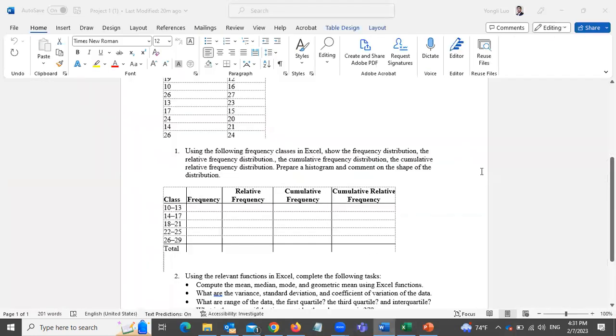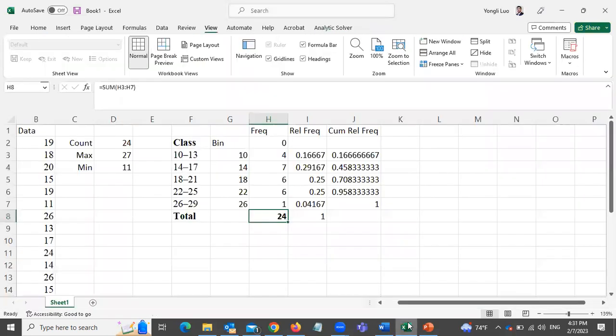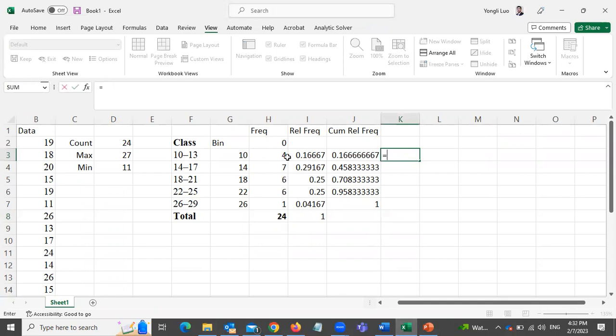For question 2, you know how to calculate the mean, median, mode, and geometric mean. A student asks: what about just the cumulative frequency, since we have four columns? The cumulative frequency is the same idea: the first one is the first value, and the second one is the previous one plus this one.